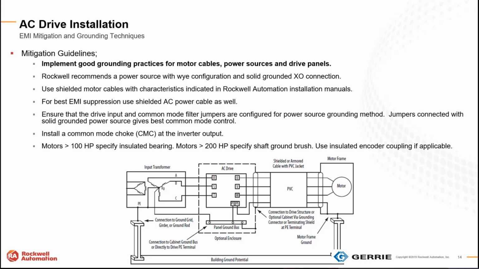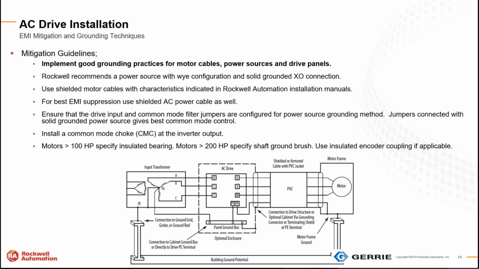Shielded motor cables are another recommendation, to suppress some of the EMI or radiated noise. The common mode choke at the inverter output, we used to do as a standard in our motor control centers. We don't do that anymore, but it's still an option.